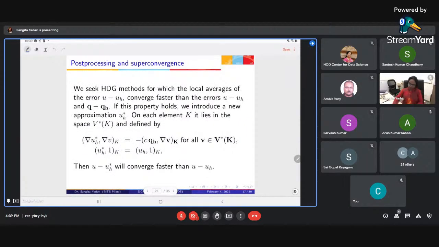Now, how are we going to get this post-process solution? This post-process solution is not going to be very costly for us, because we will be computing this by solving local problems based on our computed solution QH.